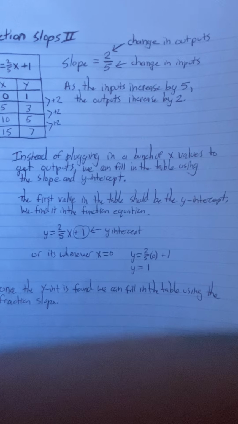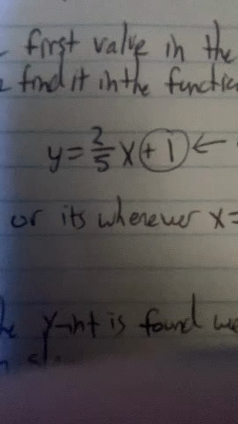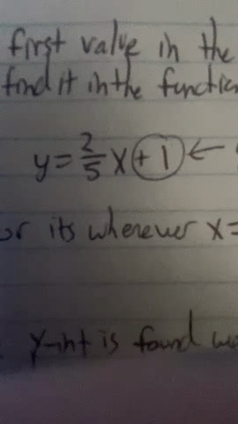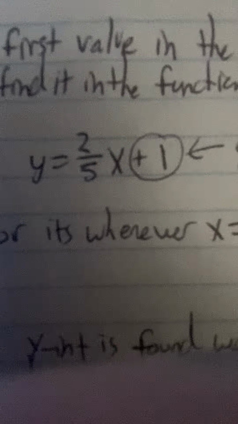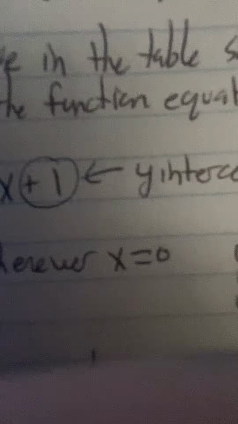The first value in the table should be the y-intercept. We find it in the function equation. So, as we've talked about, in a linear equation, the term that doesn't have a variable is the y-intercept. So in this one, the plus 1 is the y-intercept, so the y-intercept is 0, 1.